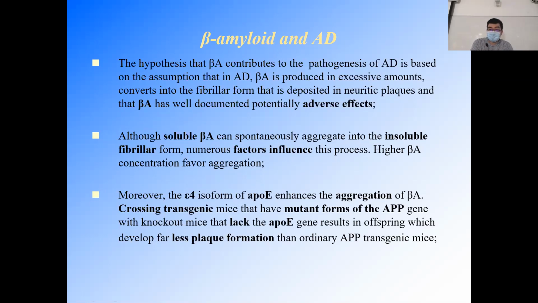So whether it is the aggregation, or also other factors that facilitate the aggregation of the beta amyloid, are actually considered important in the disease progression.